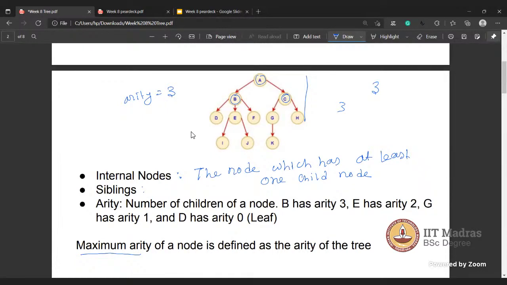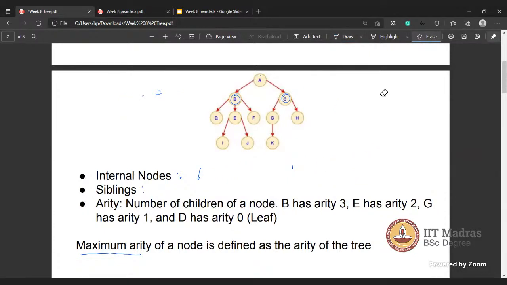Sir, then how is the maximum arity of the whole tree 3? Okay. So what is the arity of A? 2. Okay, 2. Arity of B? 3.